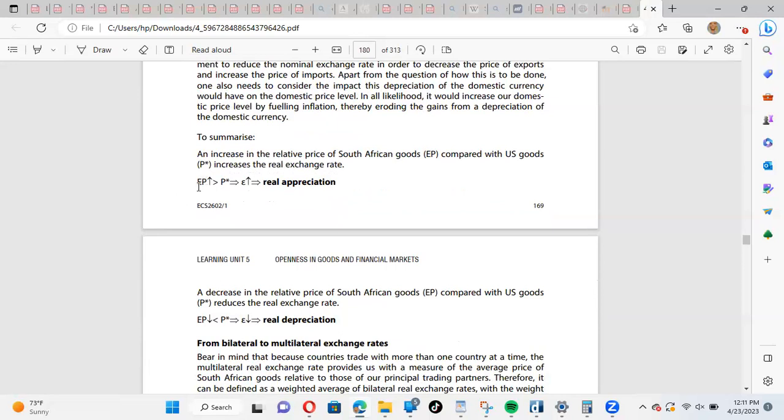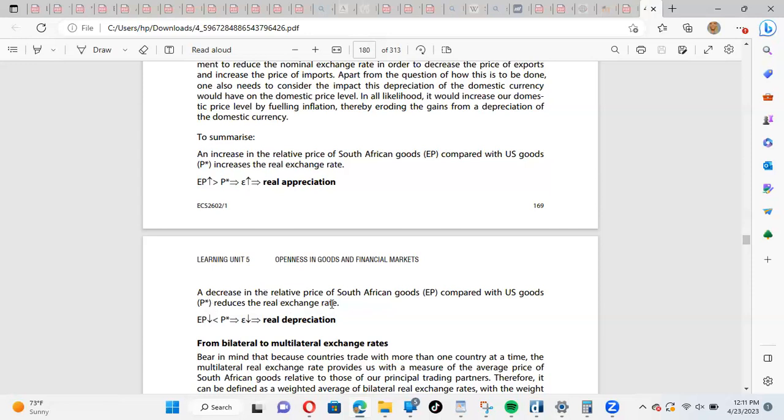Whenever the exchange rate times the domestic price, normally as a result of the price going up, a decrease in the relative price of the South African goods compared to the prices of the US goods basically reduces the real exchange rate.